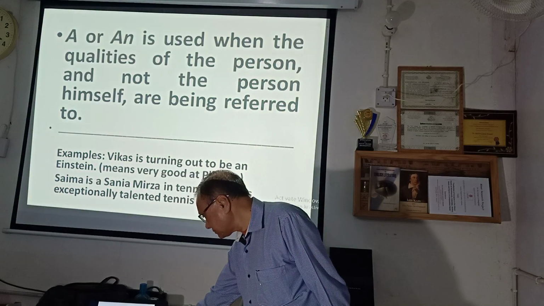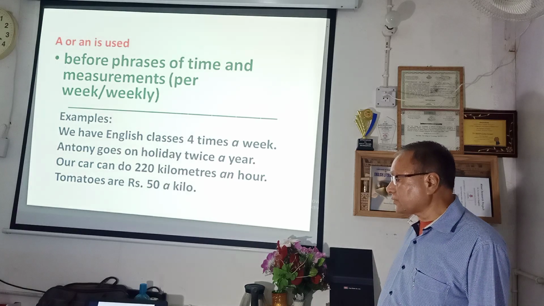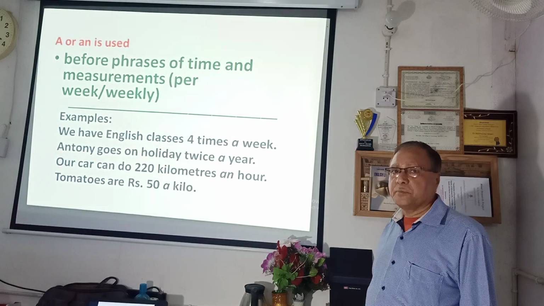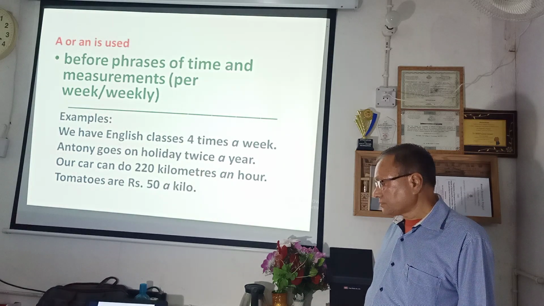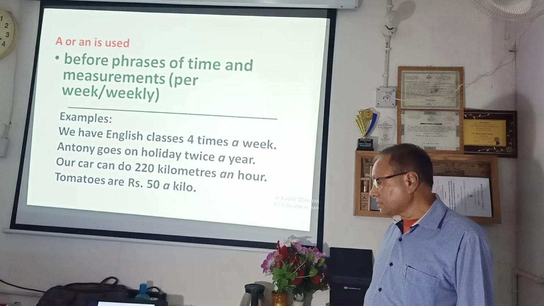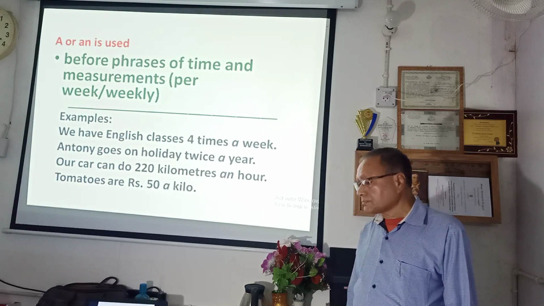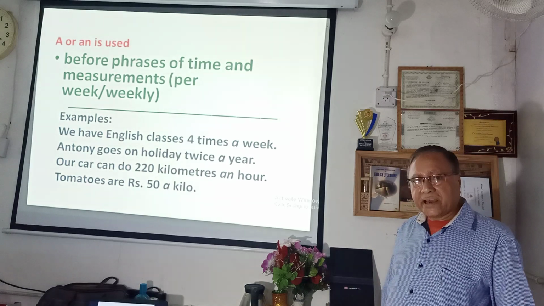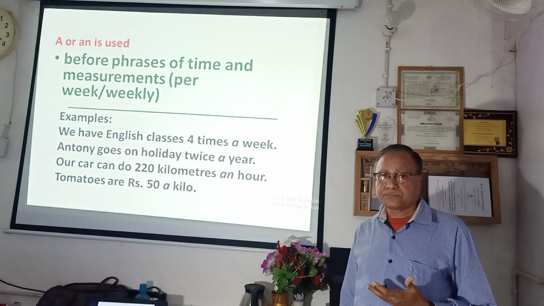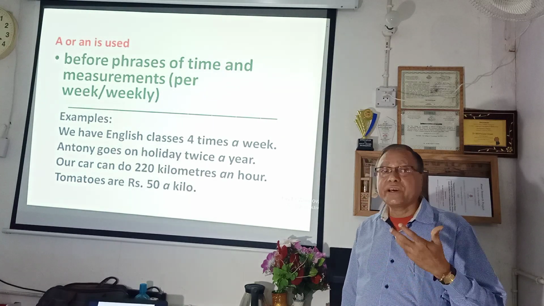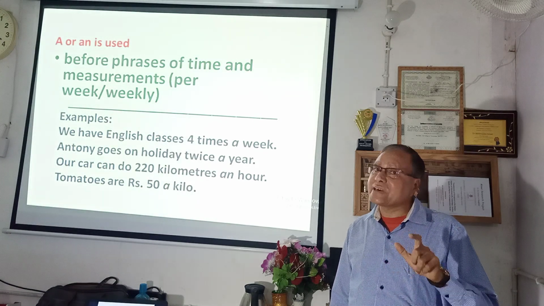Another, a or an is used before phrases of time and measurements like a week, a year, an hour, a kilo. We can also use per week, per year, weekly, yearly, but also we can use a or an.